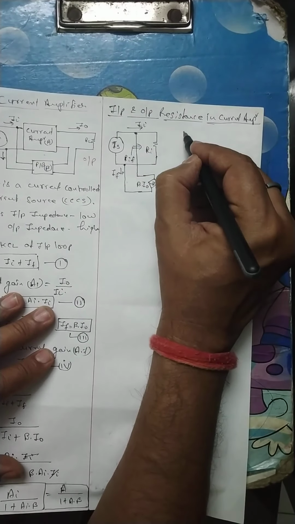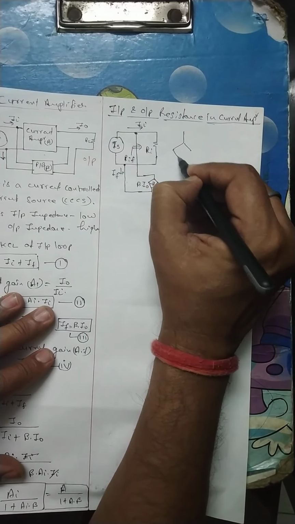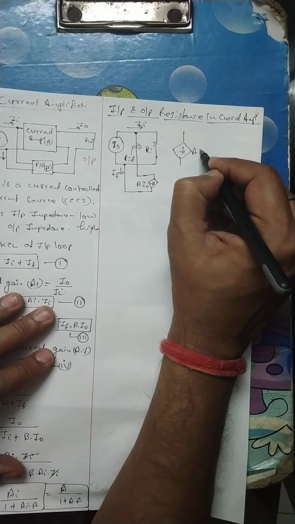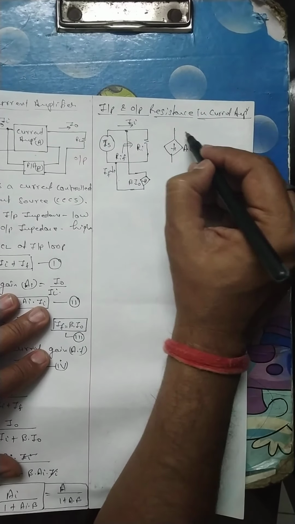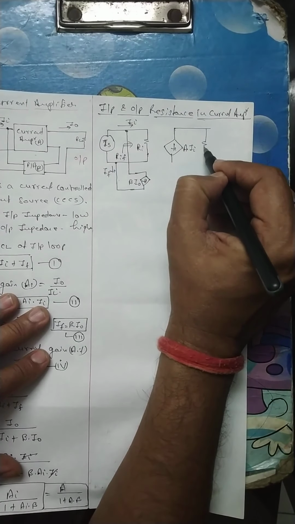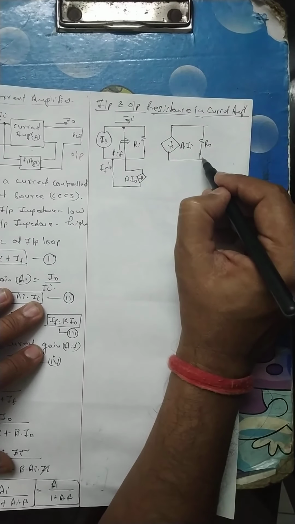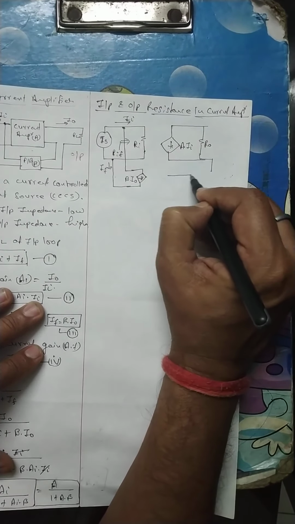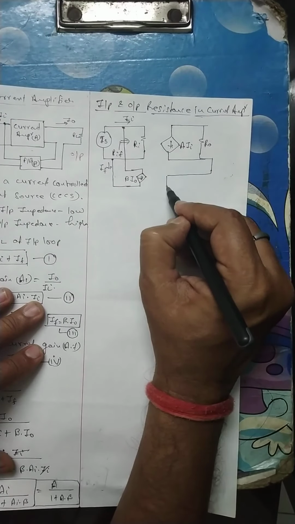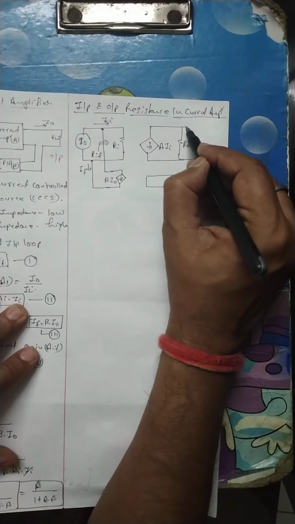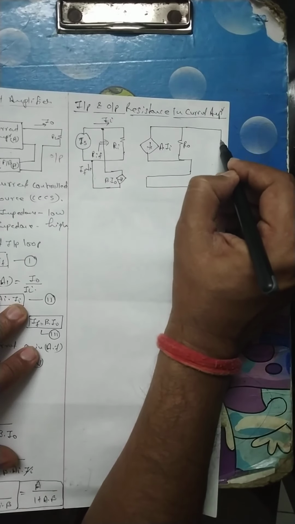Now we come to the output loop. On the output side, it is equal to A into Ii. The resistance is in series due to the Norton's equivalent. This is the feedback. The current is shorted, and from here I think it will be clearly visible to you now.